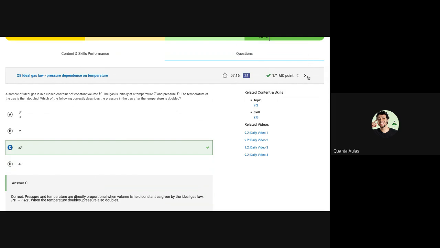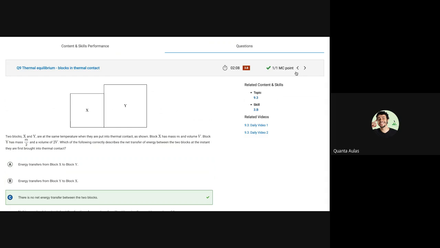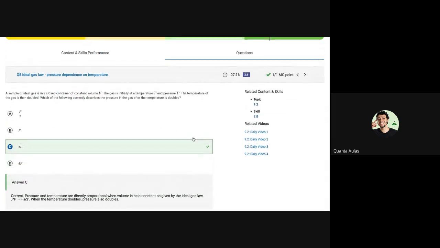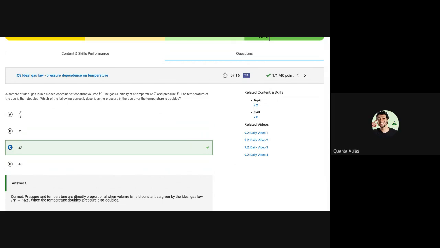This law is more interesting if you use this form here. Can you see my screen? Yes, I can see it. Okay, so I prefer this version of this law, because the pressure, volume, and temperature are state variables.